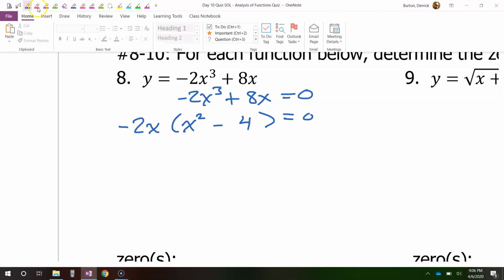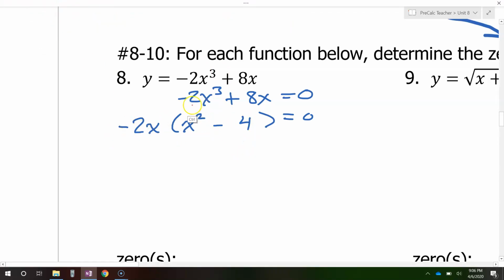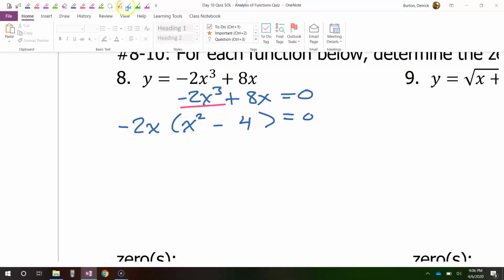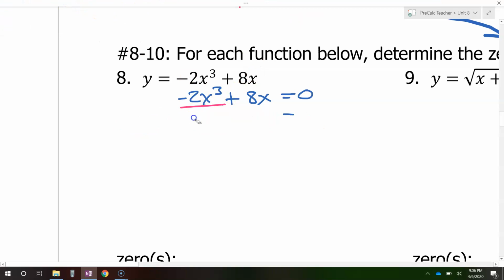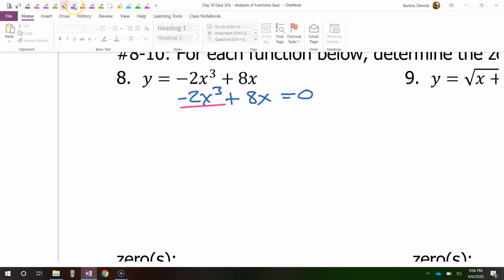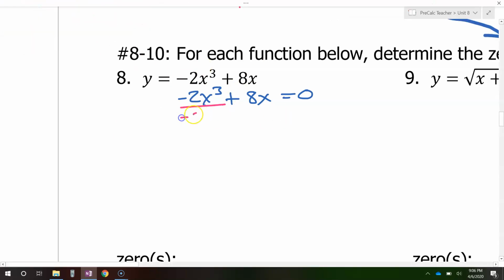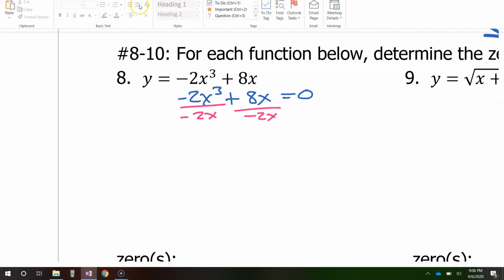If you're at all confused where I'm getting this from, as soon as I took out the negative 2x, if I want to figure out what goes inside the parentheses, I should divide by negative 2x. So I'm dividing everything by negative 2x.